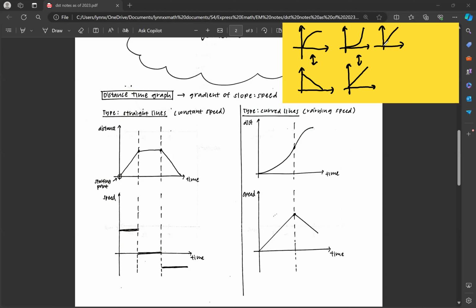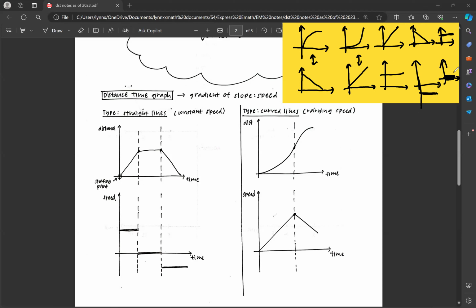Then the last one, this is up. When it's up, it's a horizontal line, but it's above. And then the next one is down. Down is also a horizontal line, but it is below. So below means here. The next one is just above that. And this one here is on.